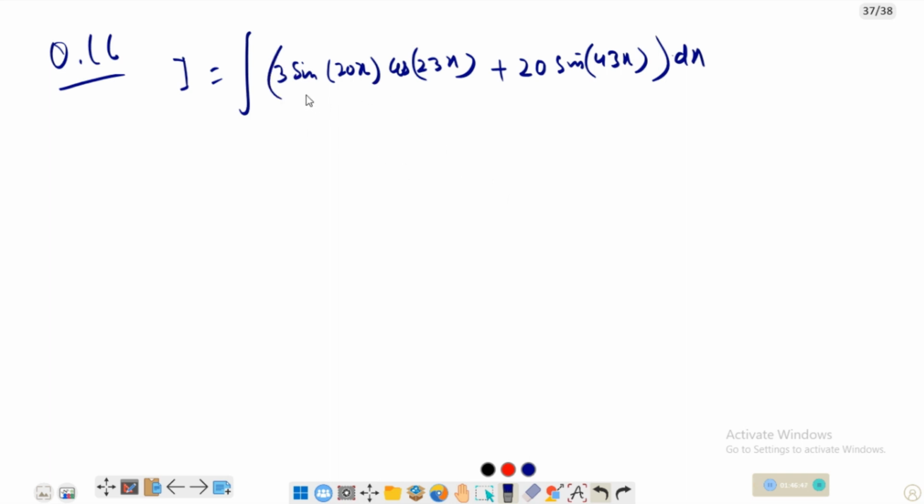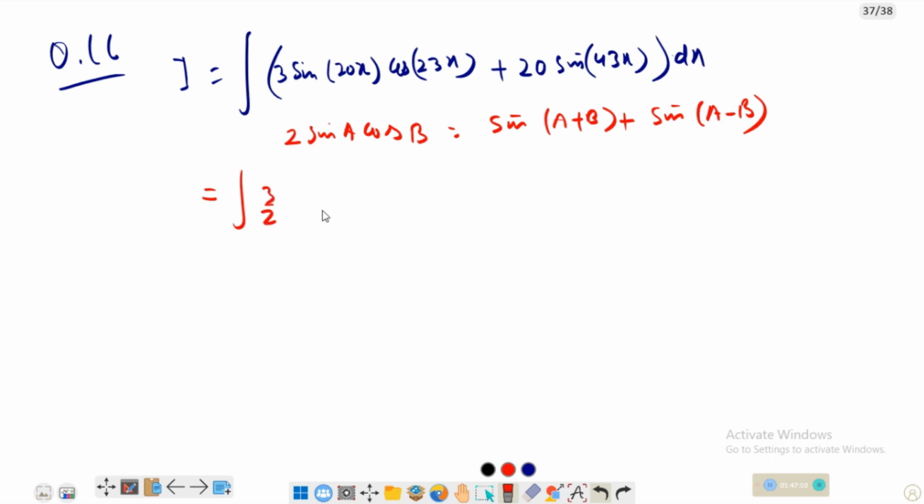Here I use the formula 2 sin a cos b is equal to sin(a + b) + sin(a - b), so we need a 2 here. So this is 3/2 and 2 sin 20x cos 23x plus 20 sin 43x, complete dx.